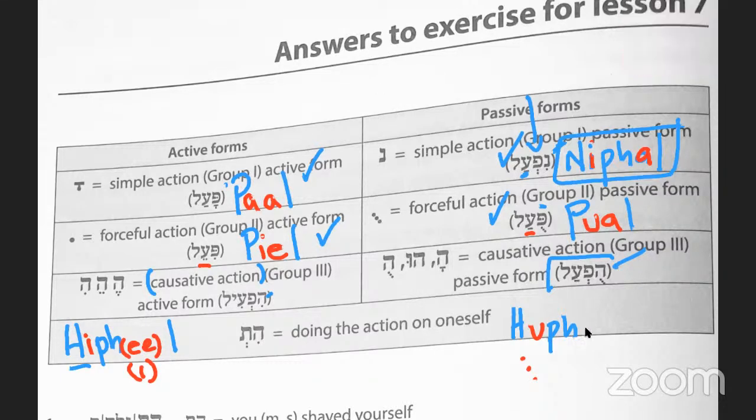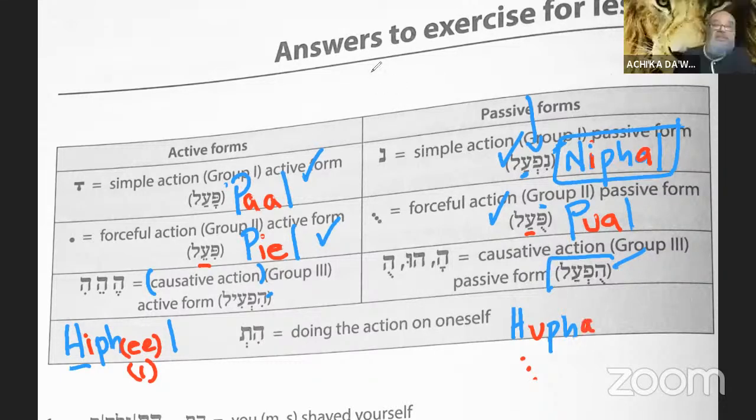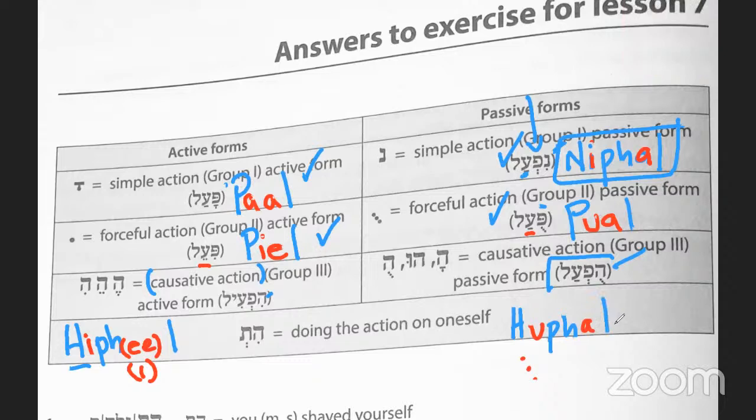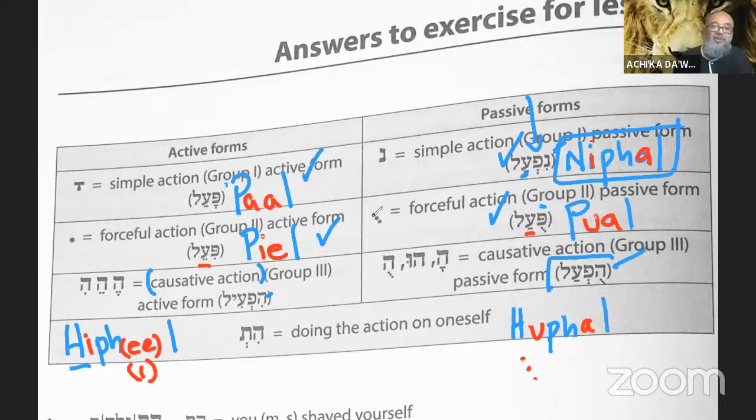A. An A. And then we have a lamed. Okay. So what is this called? A hufal. Perfect. Okay. So we got a pa'al, we got a nifal, we got a pual, we got a hifil, and we have a hufal. Okay. And those are the 6 so far.